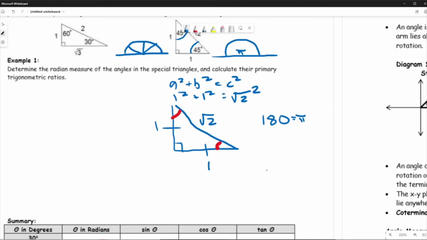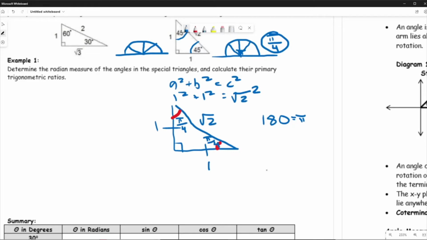In the same way, if you split pi into 4 parts, here's where we go back to the idea: I don't want to know what pi divided by 4 is as a number, but I can write pi over 4 as a symbol and just represent a quarter of a semicircle. This is a pi over 4. This is a pi over 4.